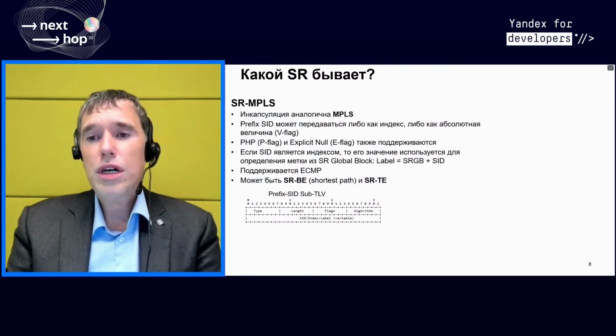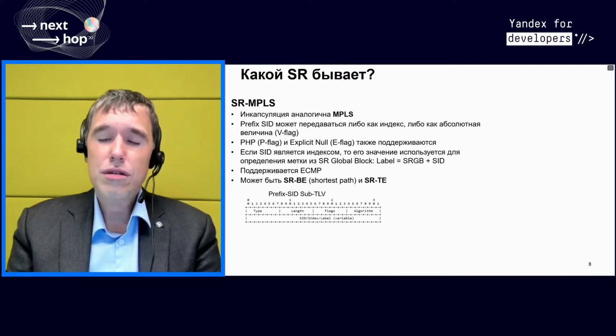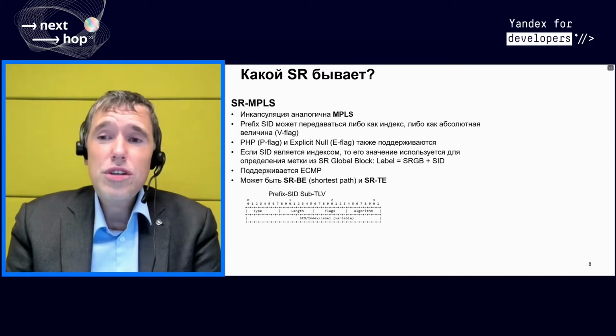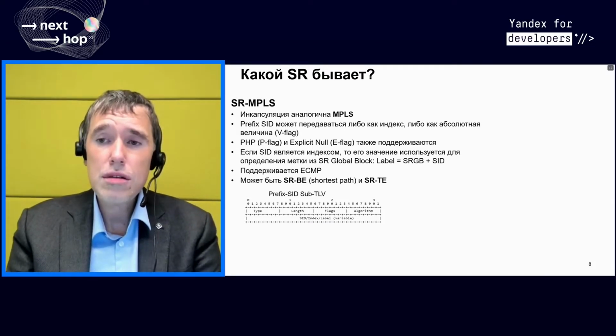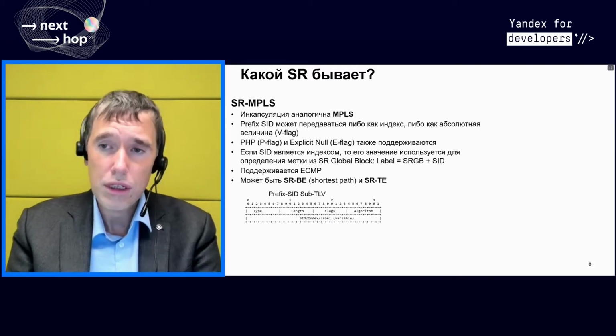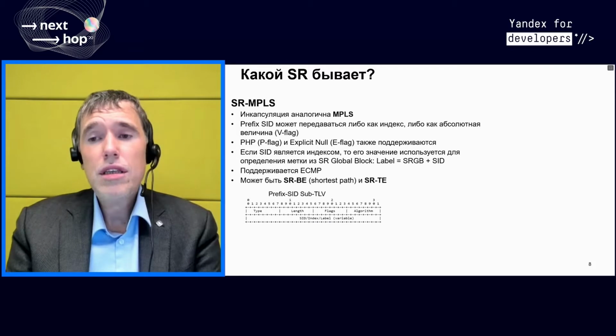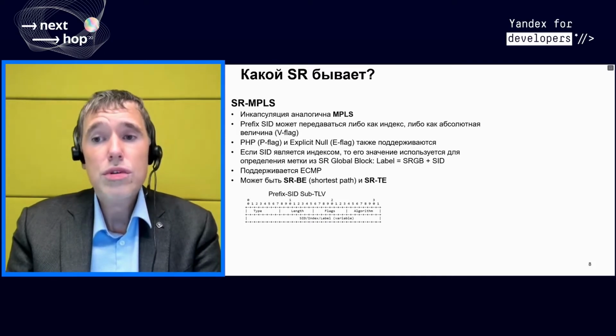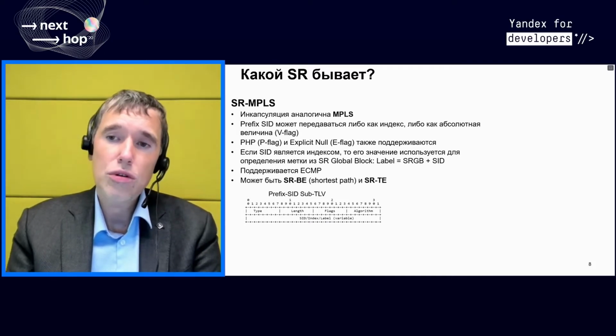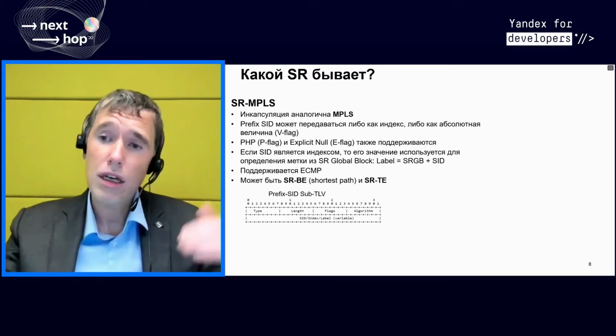What segment routing can we have, colleagues? There are different types of segment routing. I can't tell you about all of them, so let's focus on the two most important ones. The first one is MPLS, or SR-MPLS, at the forwarding level. And this segment routing is similar to our favorite MPLS.